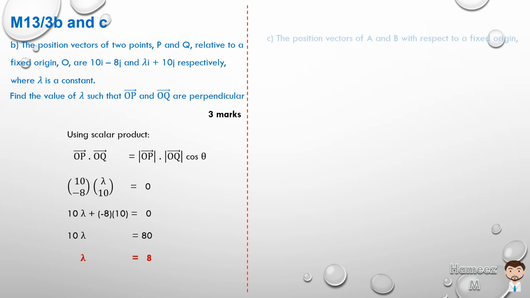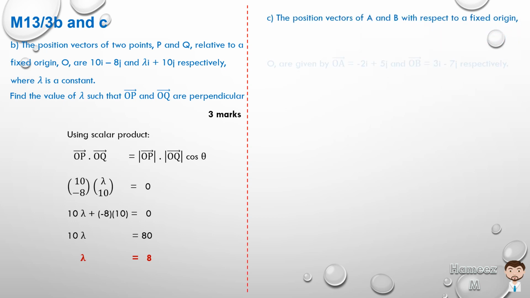Part C. The position vectors of A and B with respect to a fixed origin O are given by OA is equal to minus 2i plus 5j. So we can make a little sketch. Let's bring up an X to indicate where O is. And if OA is minus 2i, that means it's moving minus 2 in the x direction. So it's moving to the left, and then it's moving up 5 units.